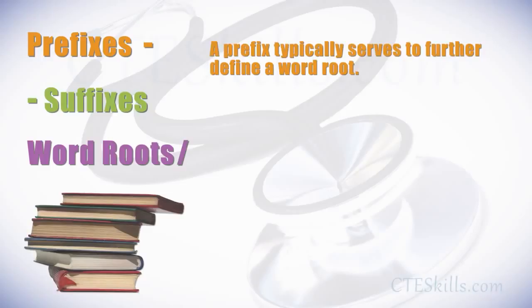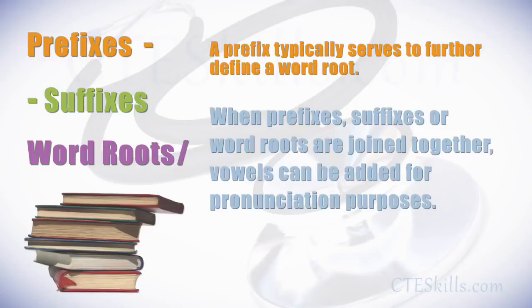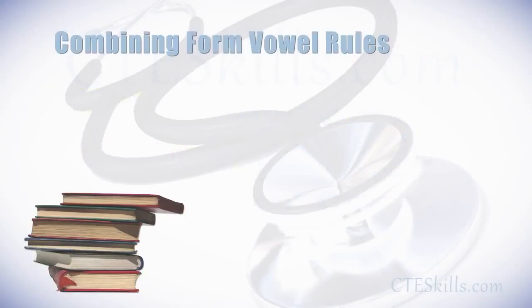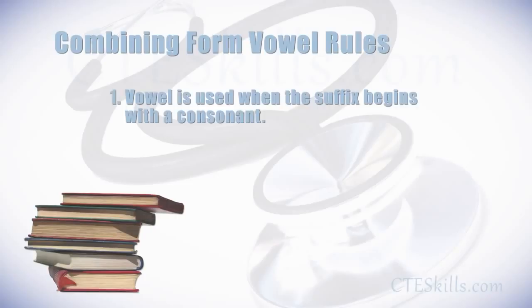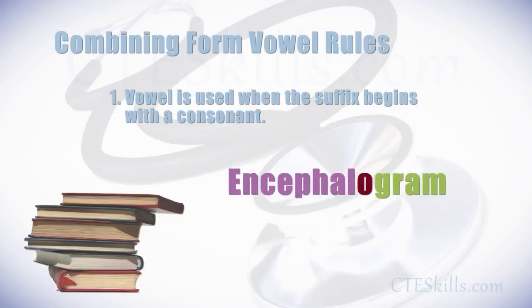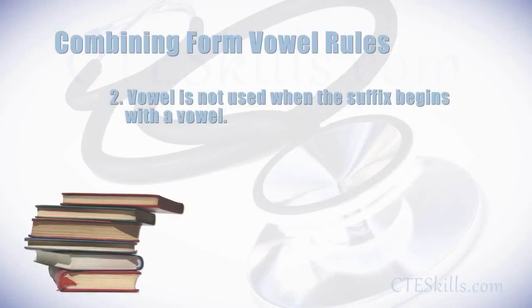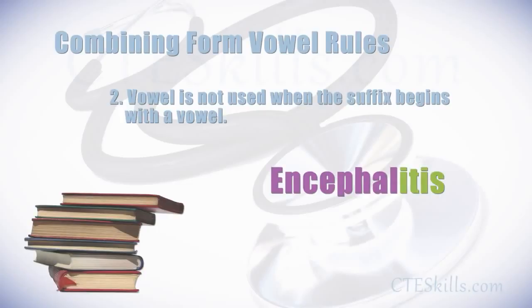The prefix typically serves to further define a word root. When prefixes, suffixes, or word roots are joined together, vowels can be added for pronunciation purposes. This is called combining form vowels. Of course, there are always exceptions, but the general rules are: a combining vowel is used when the suffix begins with a consonant, as with the word encephalogram. A combining vowel is not used when the suffix begins with a vowel, as in encephalitis.